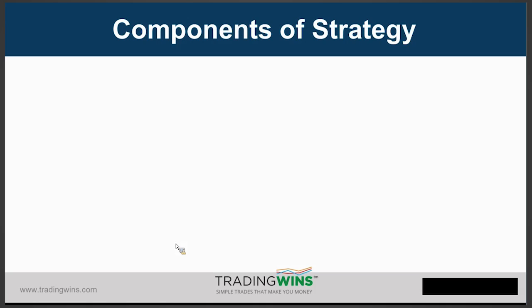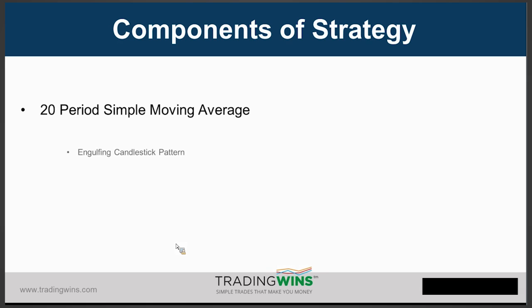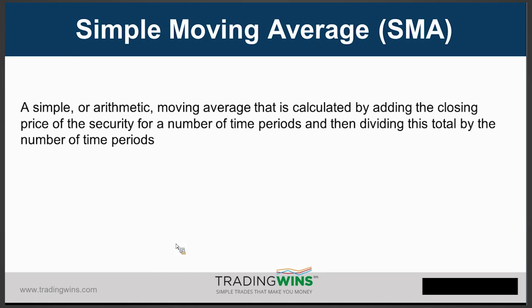Okay? Now, the only components involved here are, again, the 20-period simple moving average and engulfing candlestick pattern. Now, many of you may be aware of an engulfing candlestick pattern. I'm going to show you exactly how we use it and when we use it. That is the key. For those of you just starting out who might not be familiar with these, let me just explain.